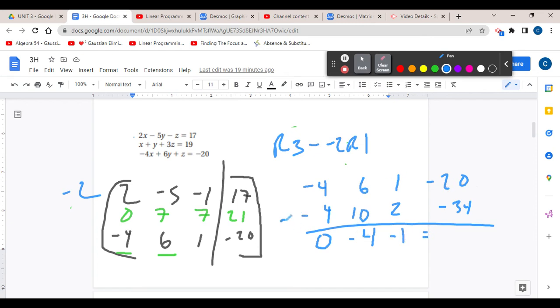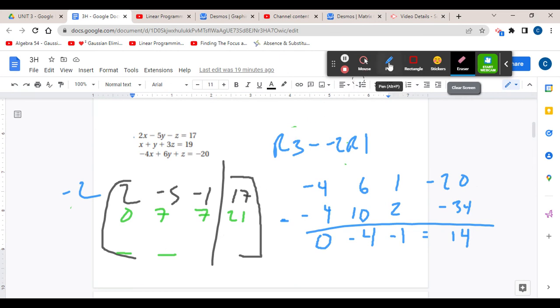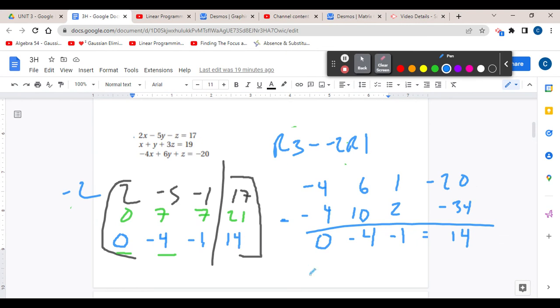Negative 20 minus negative 34, which is negative 20 plus 34, is 14. So now we redo this thing here. We have 0, negative 4, negative 1, and 14. Almost done.